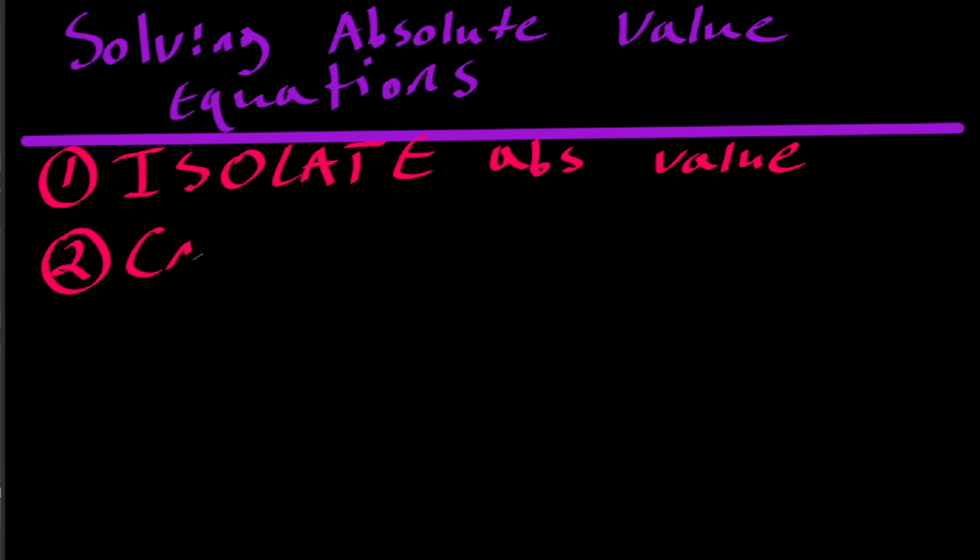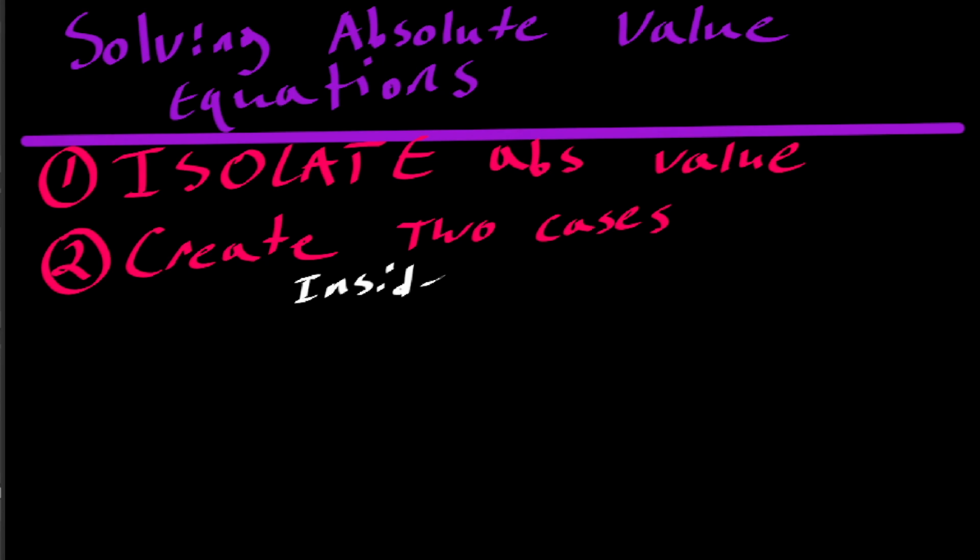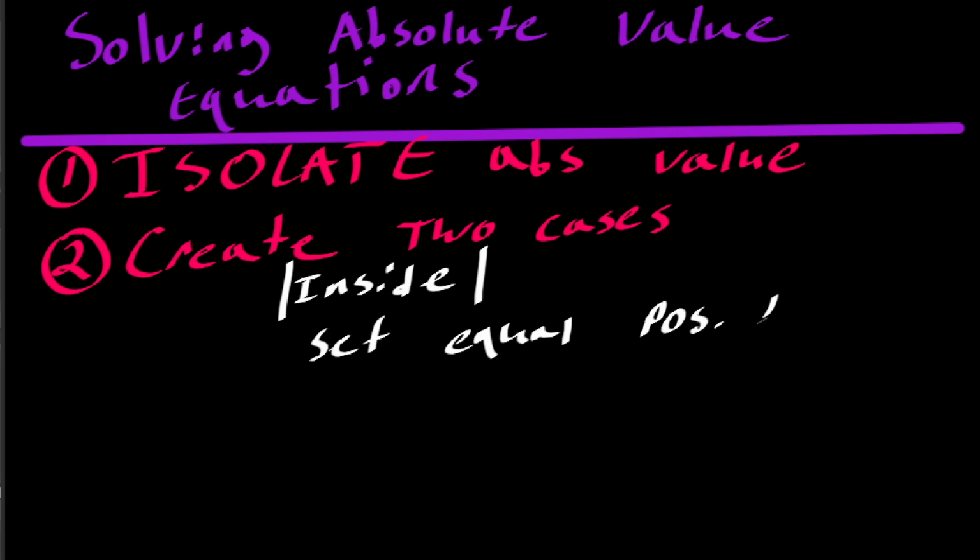Second, we're going to create two cases. And here's how we create both of our cases. We're going to take the inside of the absolute value, and we're going to set it equal to both the positive and negative value of the number on the opposite side.